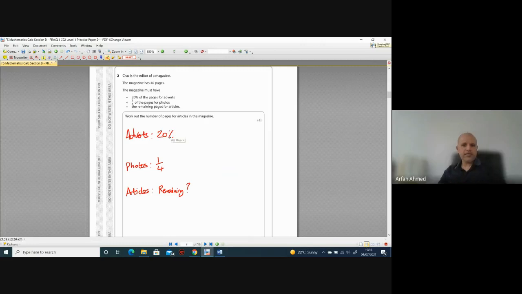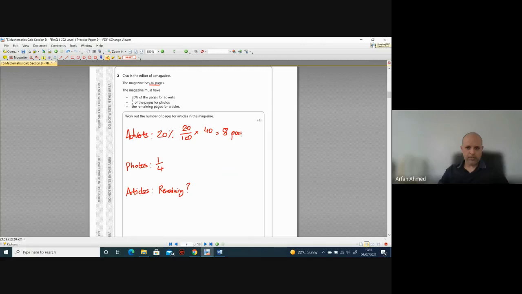So 20% of what though? 20% of 40, that's the total. Don't use that method where you work out 10% and so on. You've got your calculator, so just work out 20% in one go. 20% of 40 gives you your answer straight away, 8.